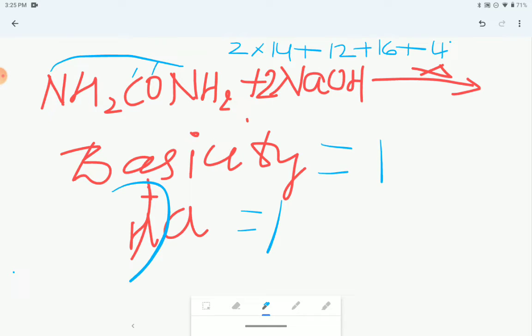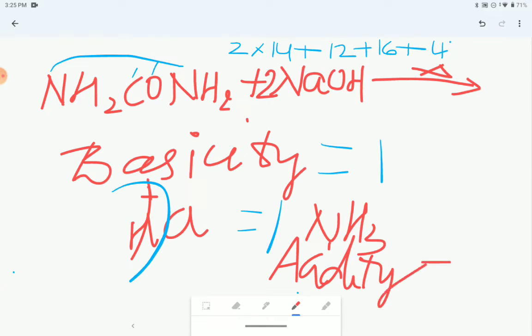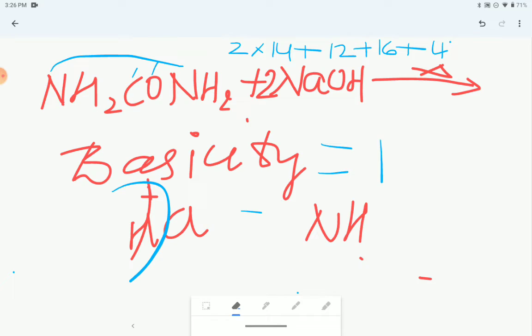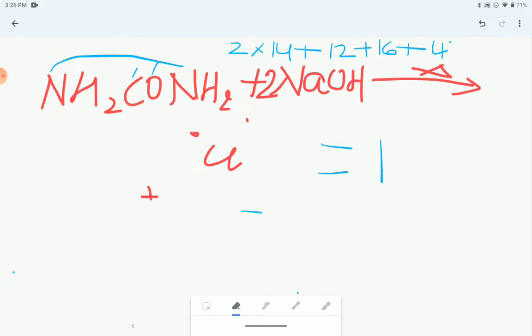I hope everybody understood. In case of bases like NH3, acidity applies, which is the number of OH minus ions. You will understand now why I am teaching this.